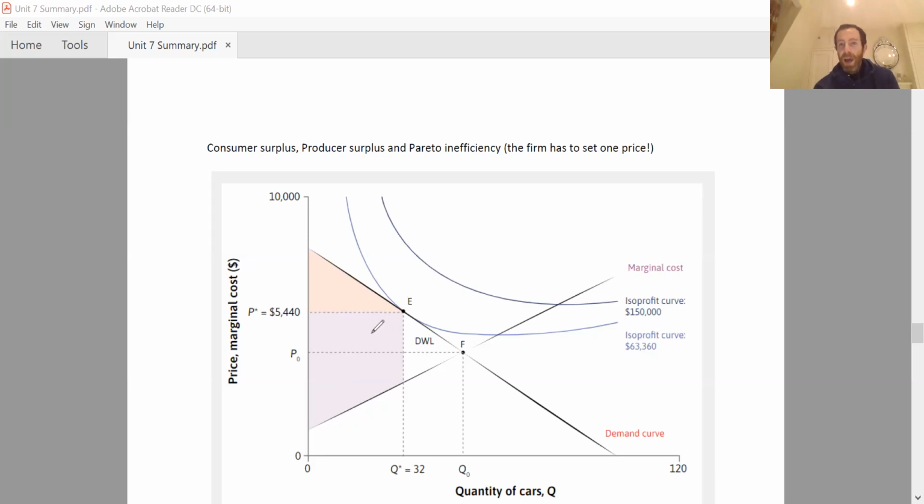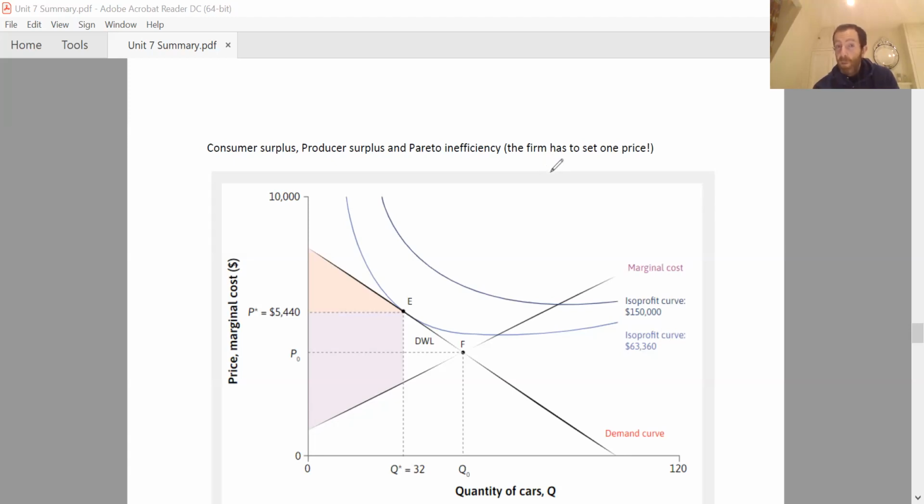So now we get to the idea of why this is Pareto inefficient. There's a couple of ways to think this through. The place we need to start is to remember that the firm has to set a single price for every good that they sell. This is a rule in the market that they cannot sell goods to different consumers at different prices.